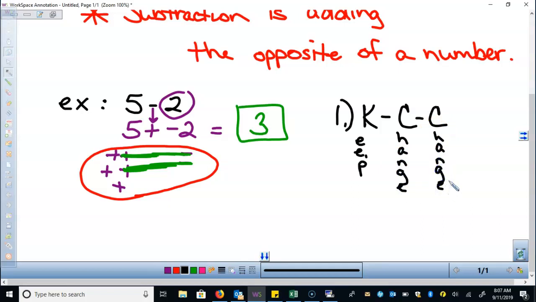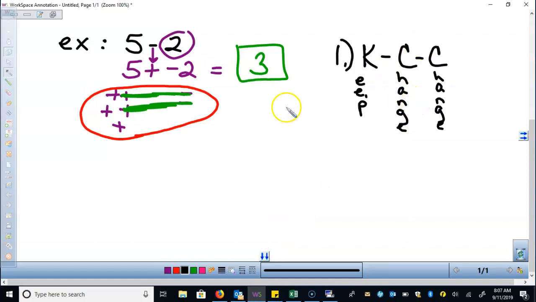Now, there's different ways it can be taught. It could be keep, flip, change, or keep, change, flip. Pretty much any synonym for change or inverting the number and the sign, okay? So here's what that means. We're going to keep the first number, okay?